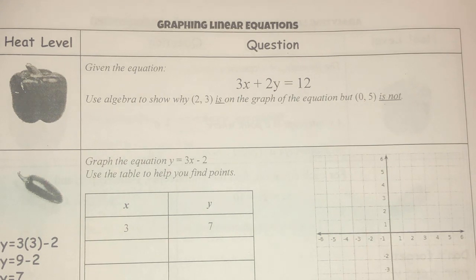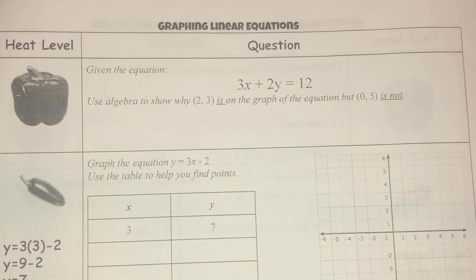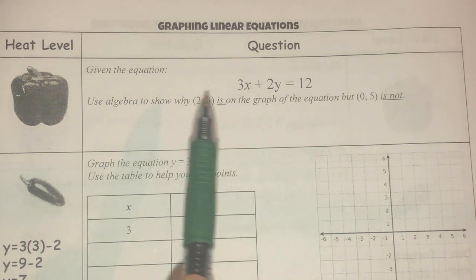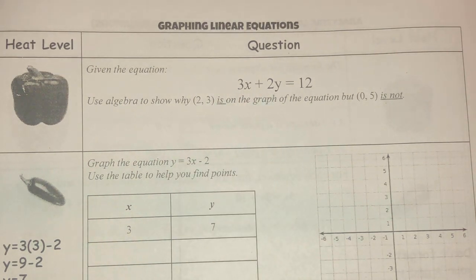Graphing linear equations. So I'm given this equation, 3x plus 2y is 12, and I'm going to show why (2, 3) is on the graph and (0, 5) is not. One of the really big concepts that we're going to talk about this year is that the graph of an equation is all of the points that, when you plug in the x for x and the y for y, make both sides of the equation equal to one another.